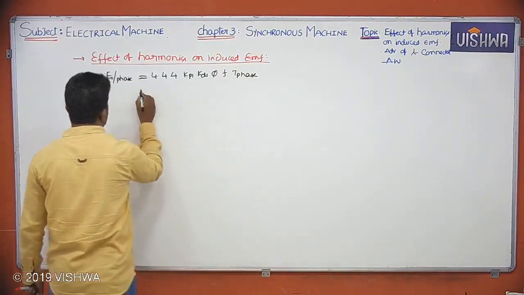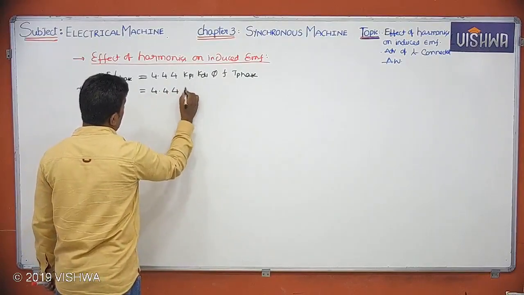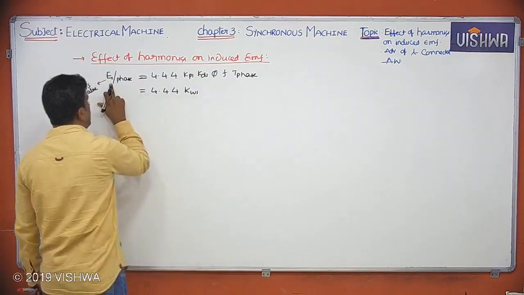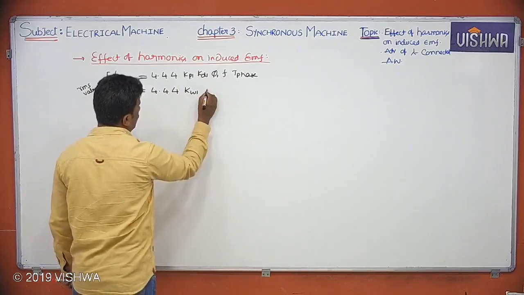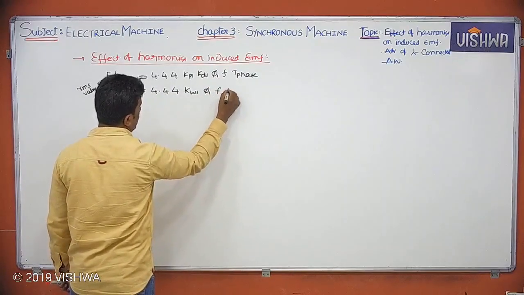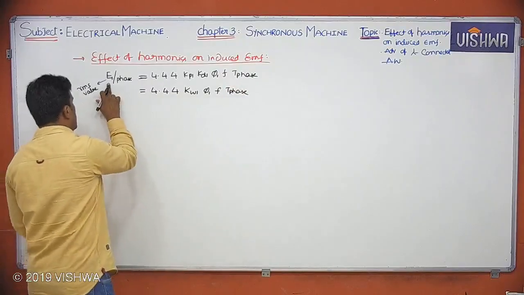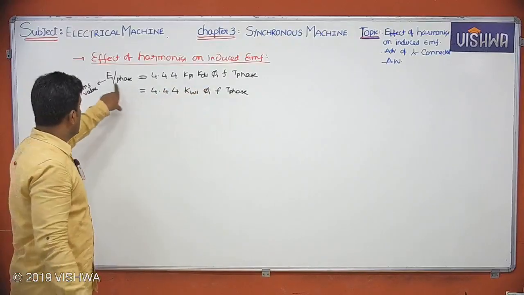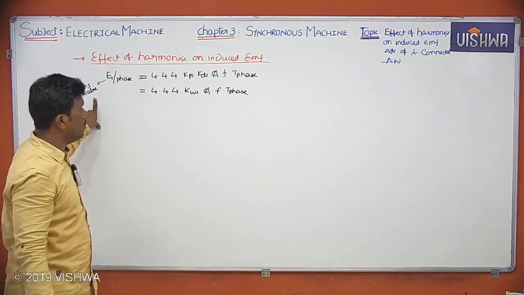So I can write 4.44 Kp1 Kd1 as Kw1, the winding factor, into phi1 f T phase, the fundamental RMS value of EMF per phase. This E value is the RMS value per phase.